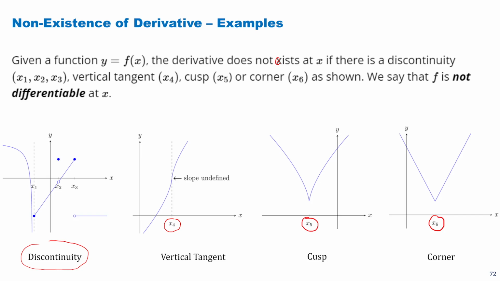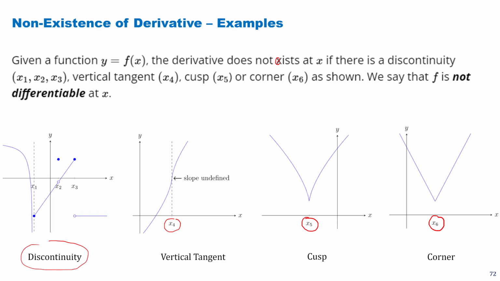Sometimes one encounters a point in the domain of a function y equals f(x) where there is no derivative because there is no tangent line. Remember, the derivative is actually the slope of the tangent line, right? So in order for the notion of the tangent line at a particular point to make sense, the curve must be smooth at that point.